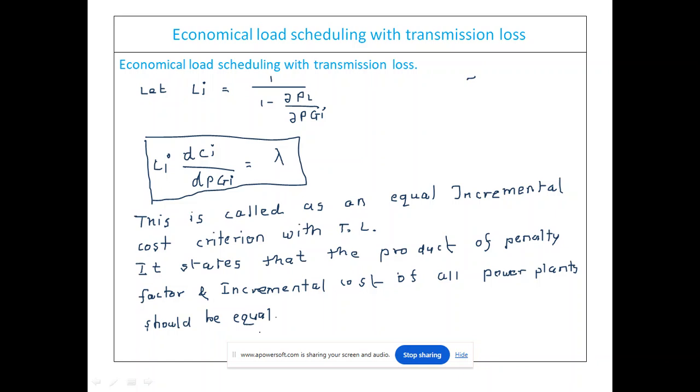So this is the derivation you have to do if they ask you to explain economical load scheduling with transmission loss.